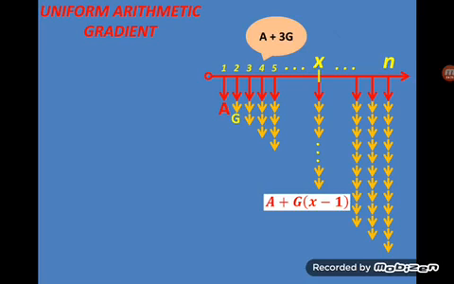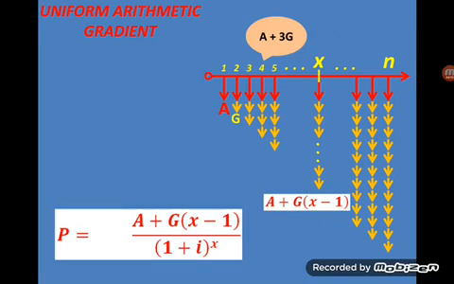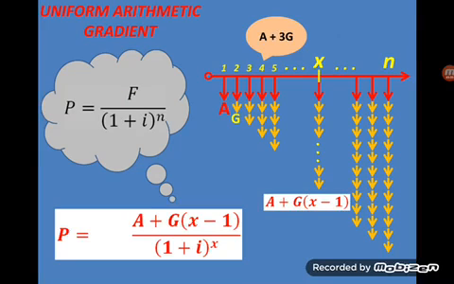So, if we want to calculate the present worth of these cash flows, let us consider first this cash flow and calculate its present worth. This cash flow is equivalent to some future amount, F. So if you want to calculate the present worth of this cash flow, it is equal to this numerator divided by (1 plus i) raised to the power of x.